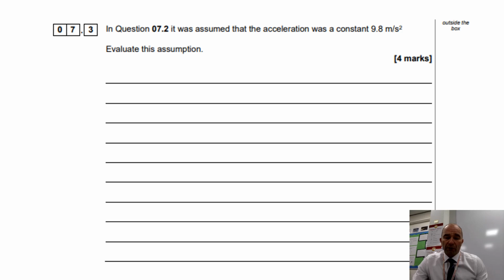And then the final question. In the previous question, it was assumed that the acceleration was a constant 9.8 meters per second squared. Evaluate this assumption. Well, in this particular case, there are two possible answers.